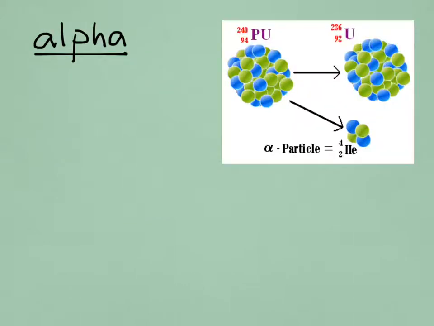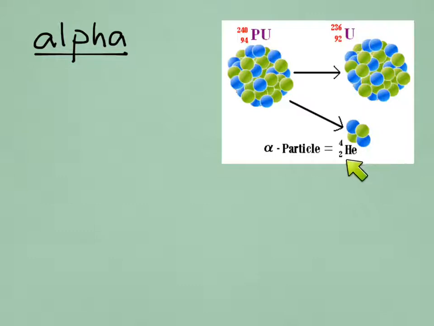Alpha tends to be emitted by fairly large nuclei. So the one in this picture is plutonium on this side. It's emitting an alpha particle and turning into uranium. Basically it's becoming smaller by doing that, so it spits out this little stable packet of 2 neutrons and 2 protons, which is actually a helium nucleus.